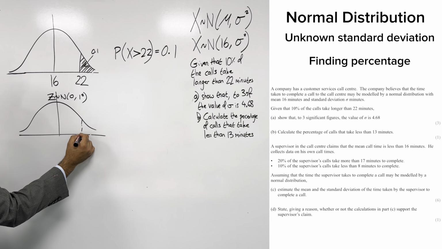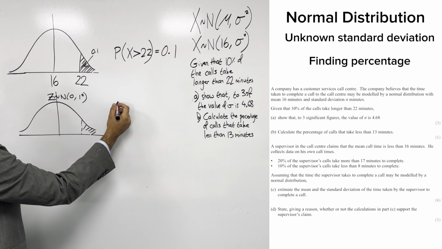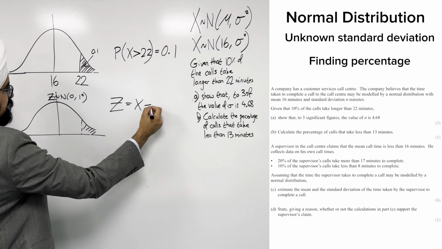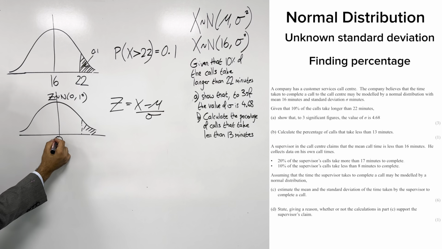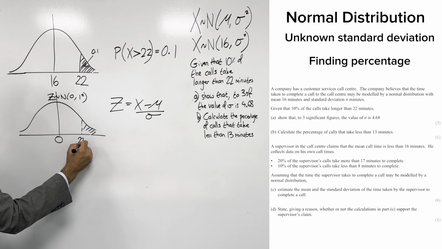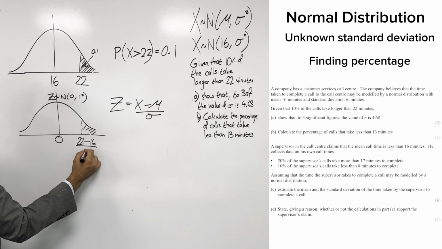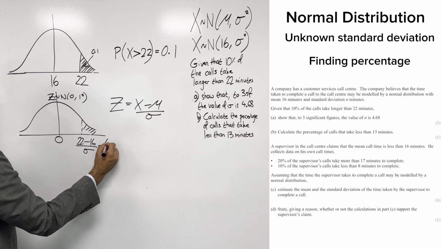If I bring this down and standardize, just to remind everybody, standardizing means z is equal to x minus mu divided by sigma. So this will be 22 minus mu, which is 16, divided by sigma, and that's equal to 6 over sigma.